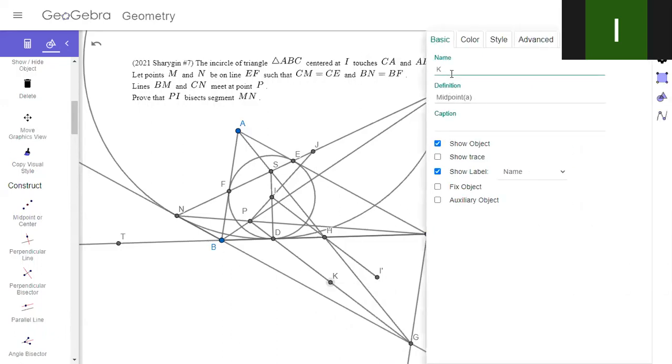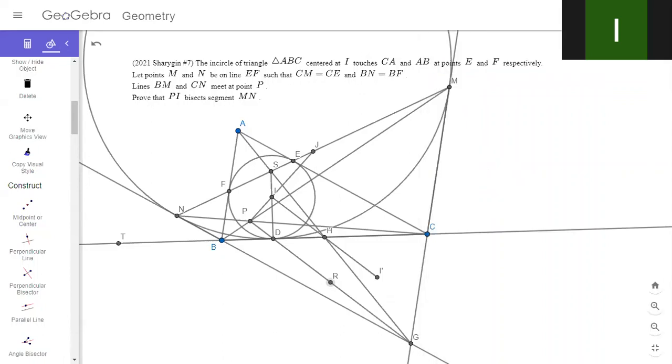We want to show R, H, and J are collinear, or do we know that? R, H, yeah. Well, if we knew J was the midpoint, then we would know R, H, and J are collinear, but we're trying to show J is the midpoint, right? But 2IH is equal to GB.